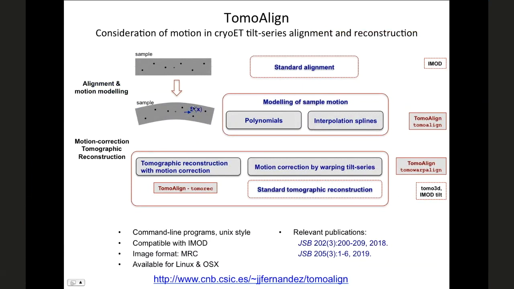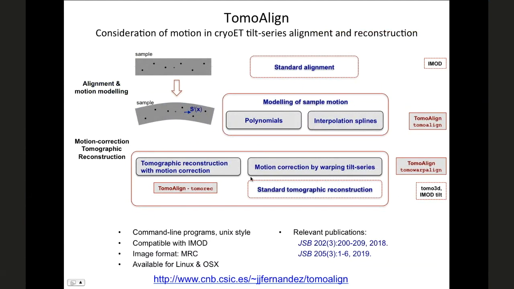With the model, we then correct the motion simultaneously with the tomographic reconstruction, or in some cases, we can correct the motion at the image level by warping the tilt series, which allows us to use a standard tomographic reconstruction method. We will cover this in the next few minutes.